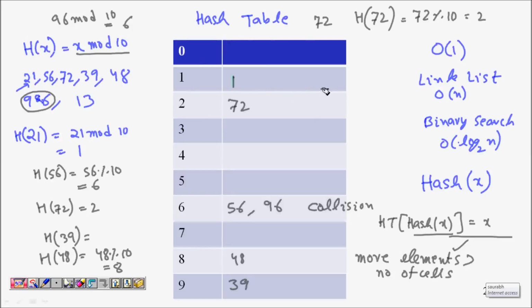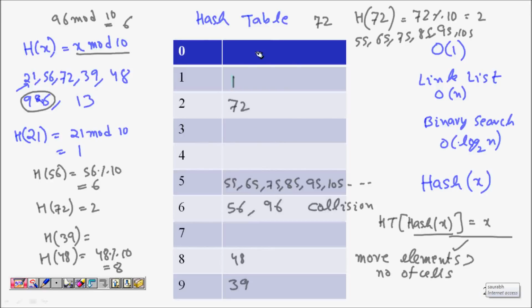For example, if I have numbers which are multiples of some number, like 55, 65, 75, 85, 95, 105, then 55 mod 10 is 5, so 55 comes here, and 65, 75, 85, 95, 105 all get hashed to the same cell.